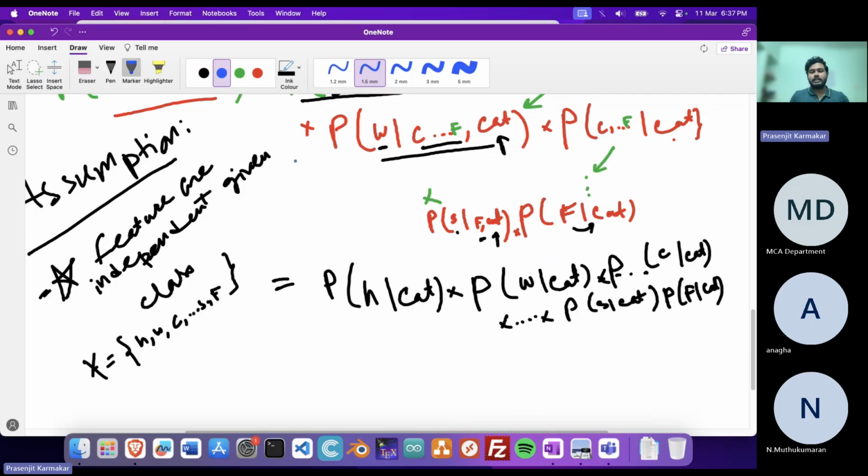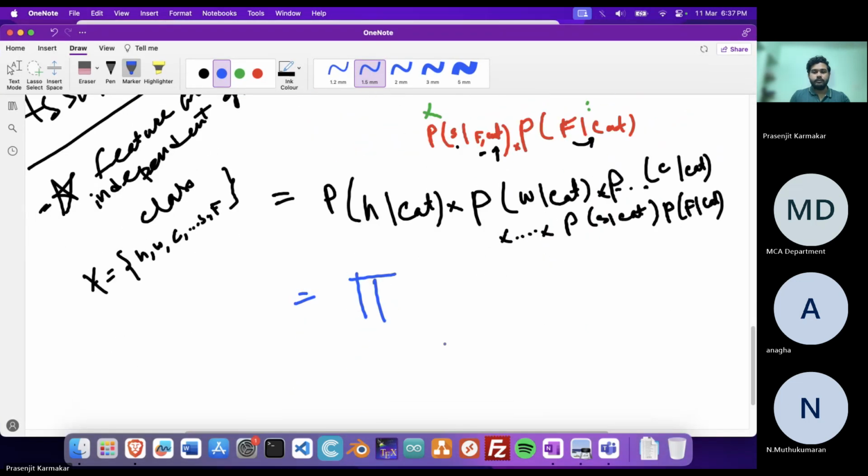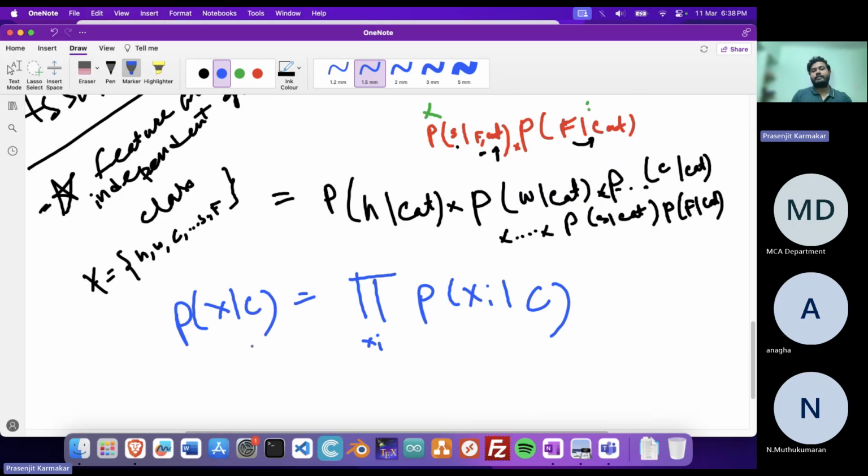Now I can just write it as the multiplication of probability of xi given cat, or given any class, let's say C, that I can write as the probability of X given C.